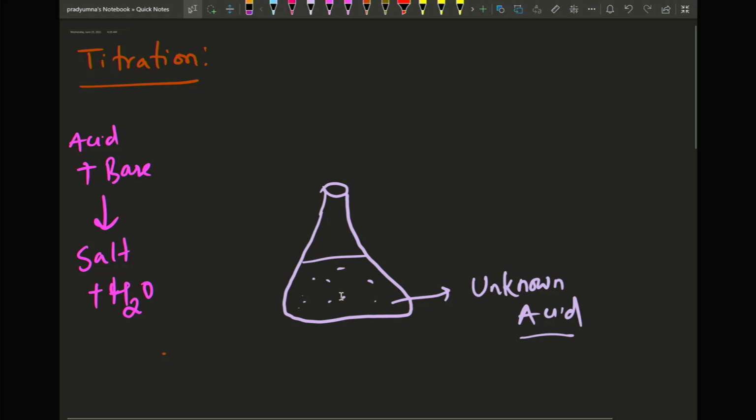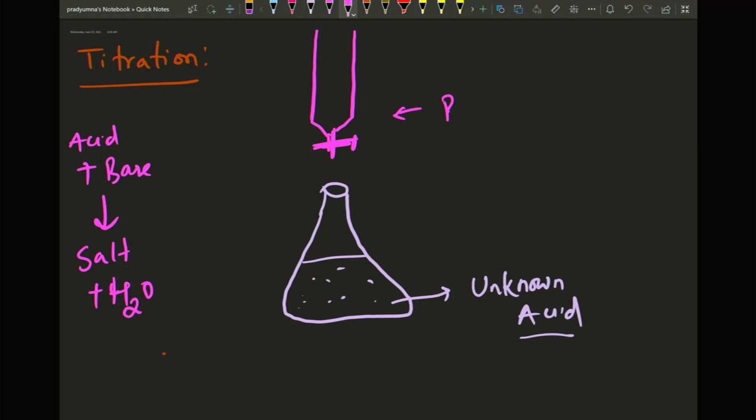So how we do it is we have a burette. So this is a burette, and there is a stopper here, so you can control the stopper. What's in the burette?